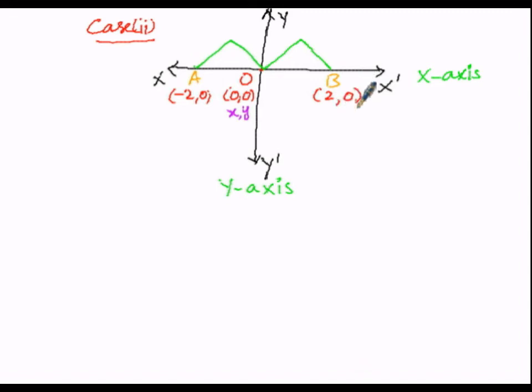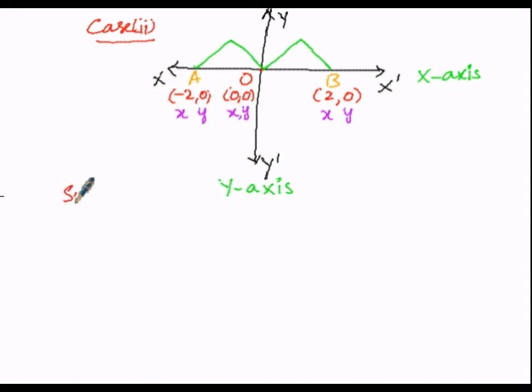So the x coordinate of point A is -2 and the y coordinate is 0, and similarly the x coordinate of point B is 2 and the y coordinate is 0. Here we have to find out the zeros of this particular function. Now the solution starts.